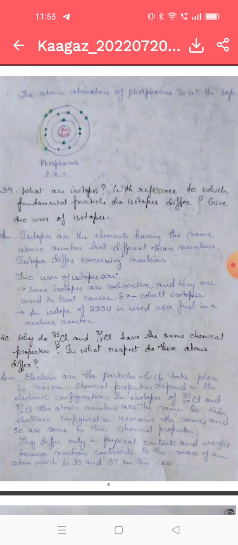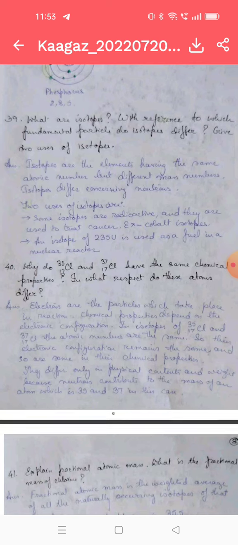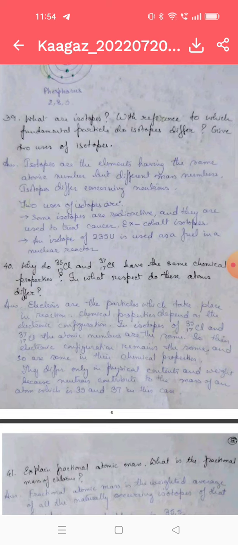Okay, the next question is: why do chlorine-35 and chlorine-37 have the same chemical properties? In what respect do these atoms differ? See, chlorine-35 and chlorine-37 have the same chemical properties because their atomic number is the same. Therefore, the electronic configurations will also be the same.